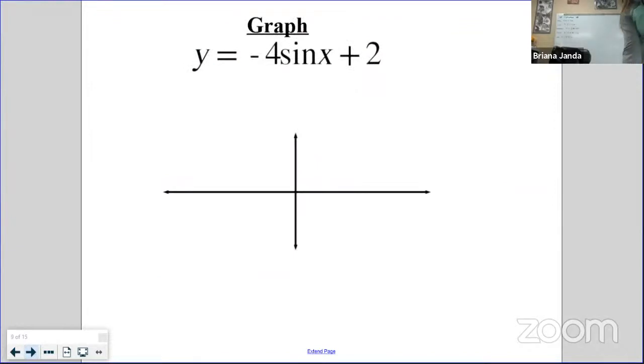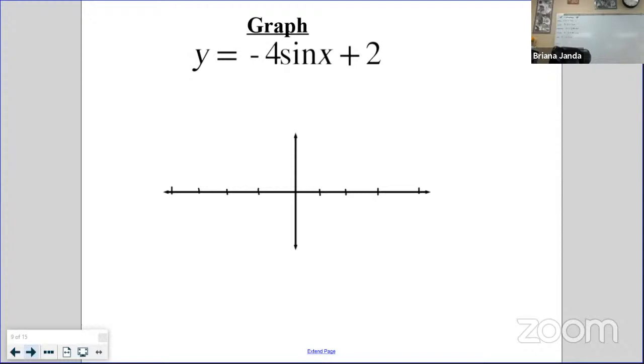First example, y equals -4 sine of x plus 2. So as we do this, again, we will attack it the same way every time, starting with our x-axis numbering. To do that, we look for B, right?